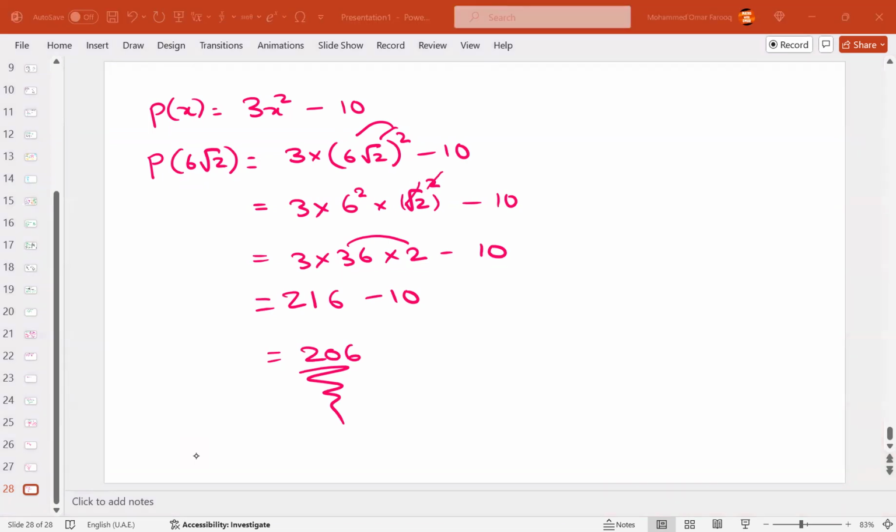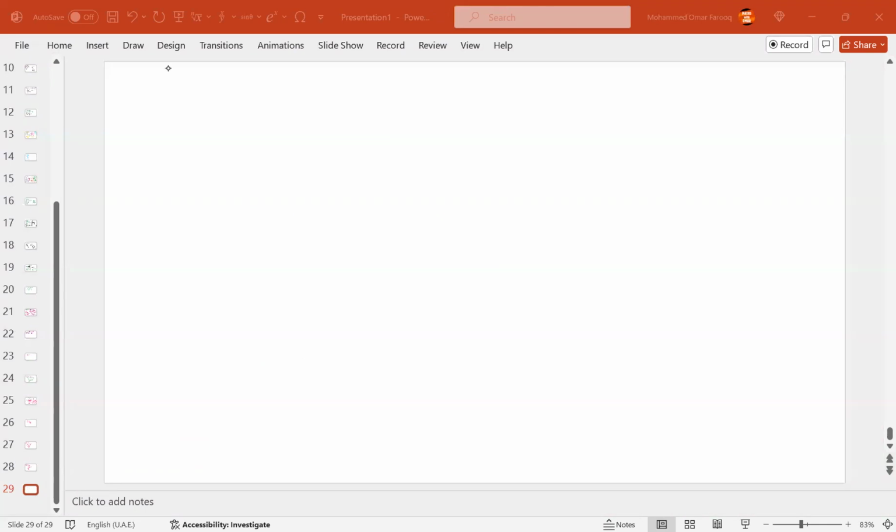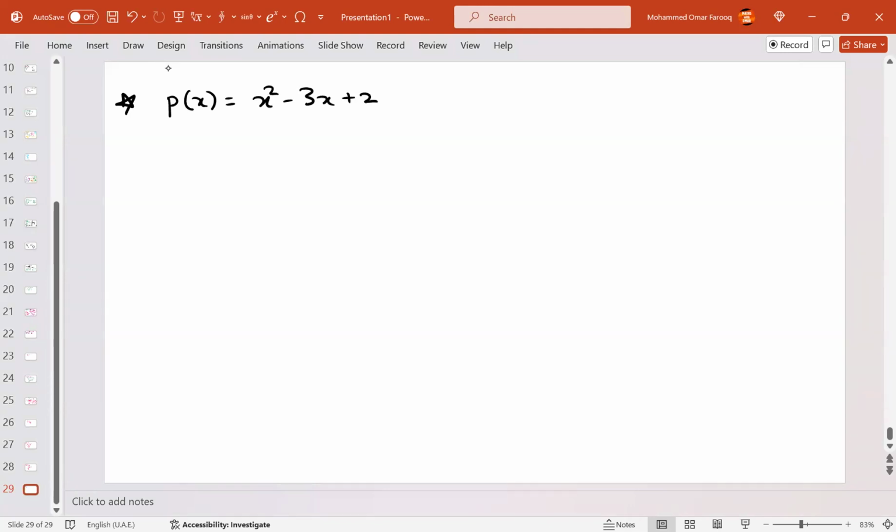Okay, how to calculate. The next concept is they will give you P of x is equal to x square minus 3x plus 2. And they will ask you to check whether x is equal to 2 is a 0 of the polynomial or not.